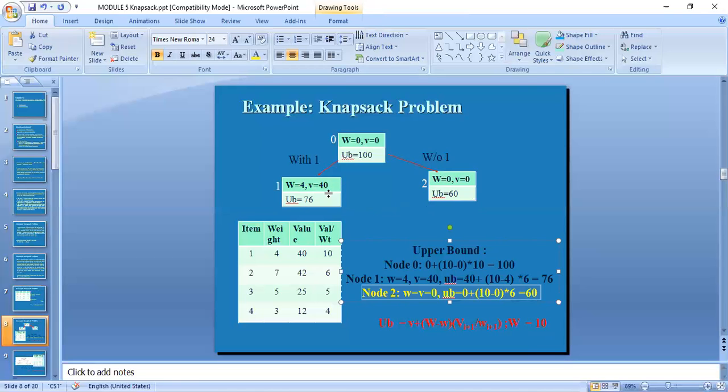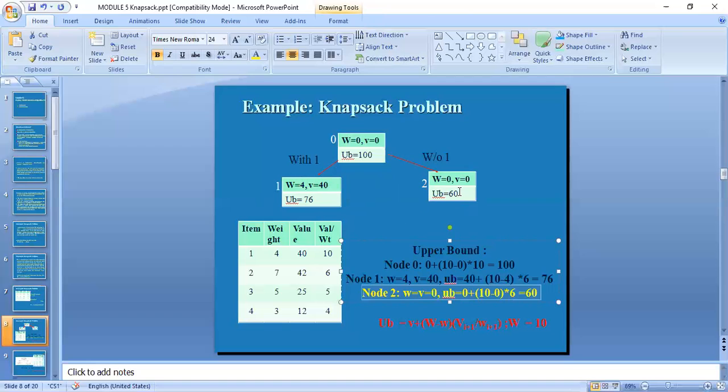So you now have node number 1 with 76 and node number 2 with 60. Among these, which do you feel is the most promising one? Both are promising nodes because they satisfy our constraints. The constraints are not violated here. So without violating the constraints, we have come up with two choices.